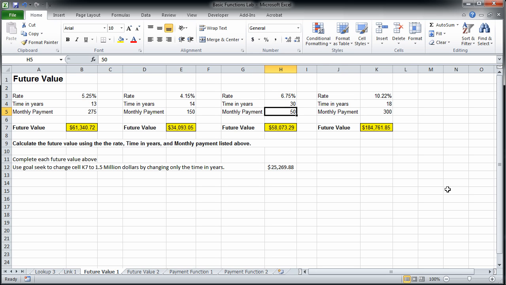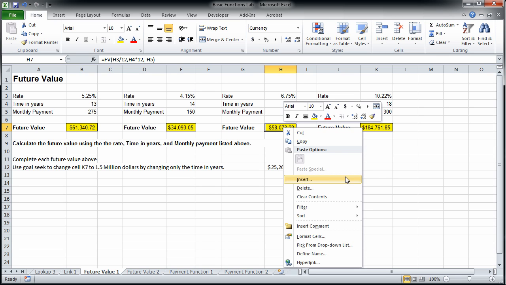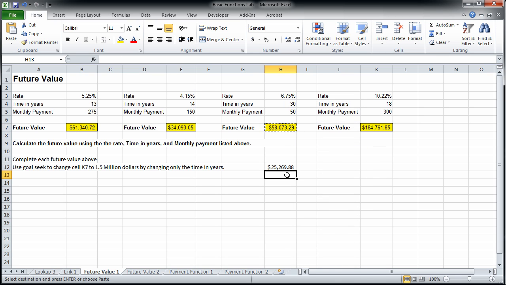But that's $58,000. And I know what you're probably thinking. You're probably thinking, okay, but how much of that was money that I spent? Well, that's really easy to figure out. I'm just going to come down here and say $50, right? So I'm going to say equals 50 times the value of, let me think, 10 years times 12, right? So 120 basically.